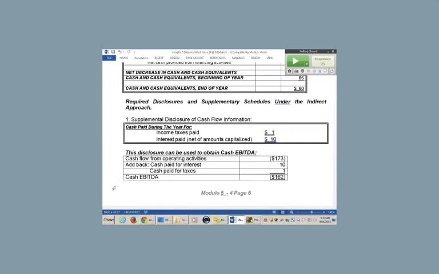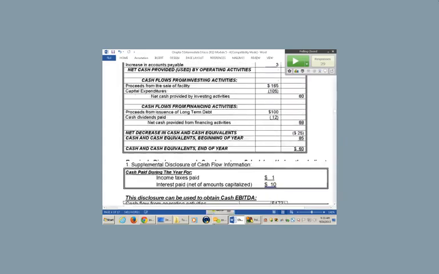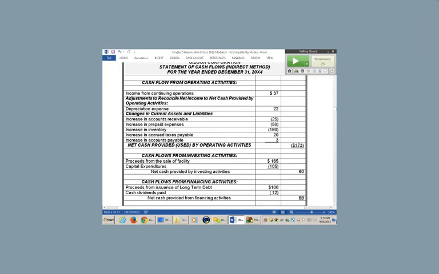So when you look at operating cash flow up here, 173 already takes out the depreciation, so it's already after depreciation. So it's earnings. This is operating cash flow, but it's already after the non-cash expenses have been excluded.